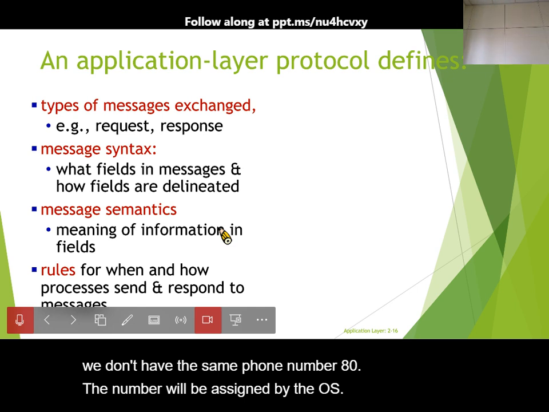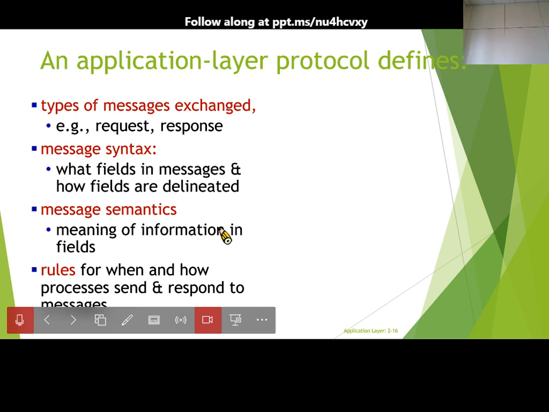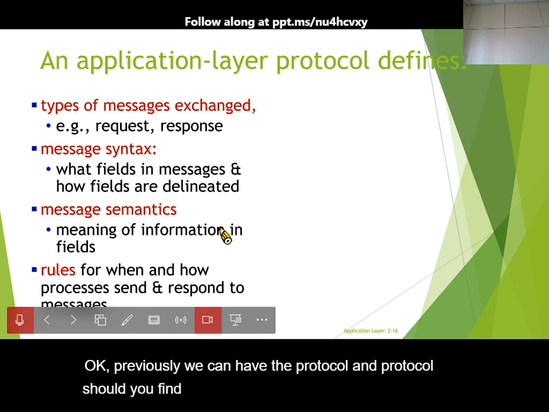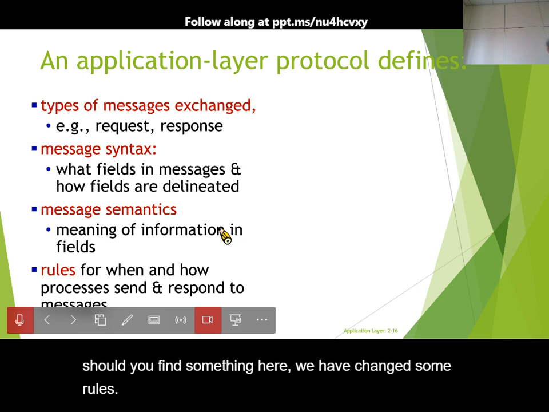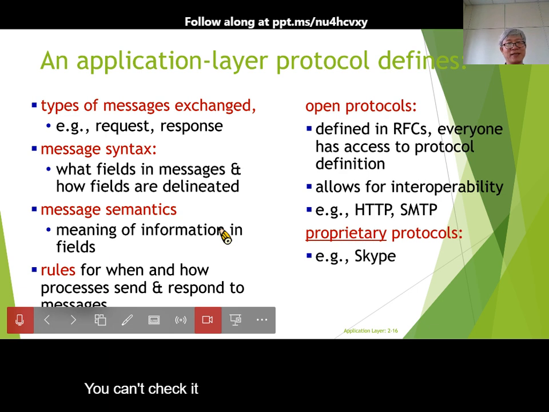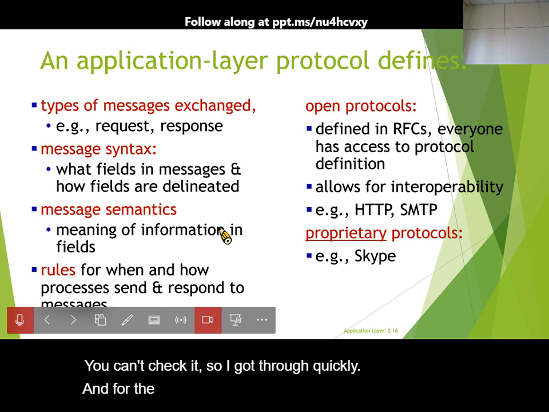Well, I think previously we covered the protocol, and a protocol should define something. Here we have types of message exchange, syntax, semantics, and rules. You can check it, so I go through quickly. For protocols, we can have an open protocol, but sometimes it's not open.